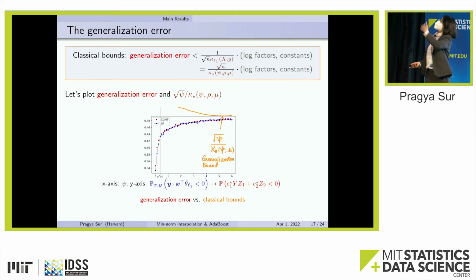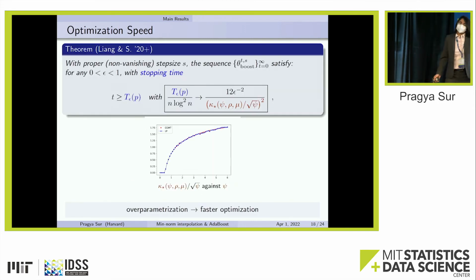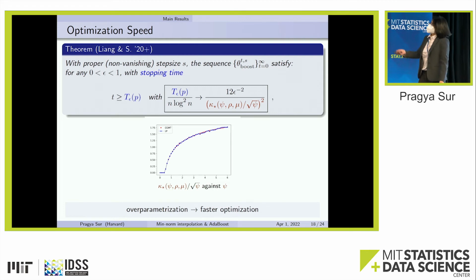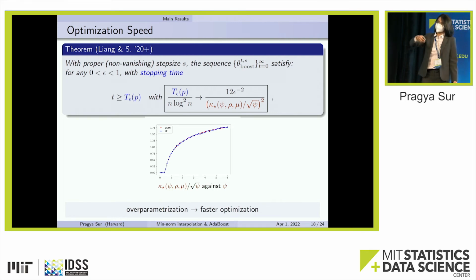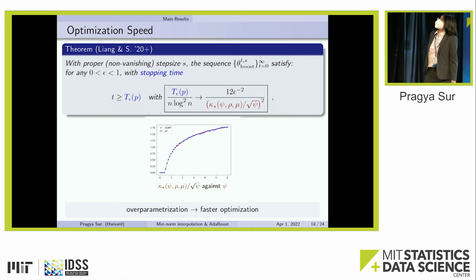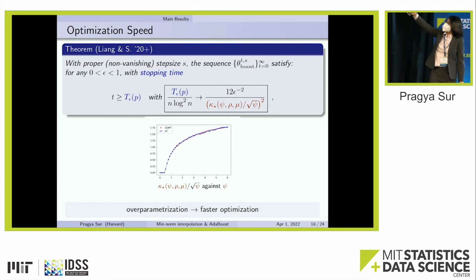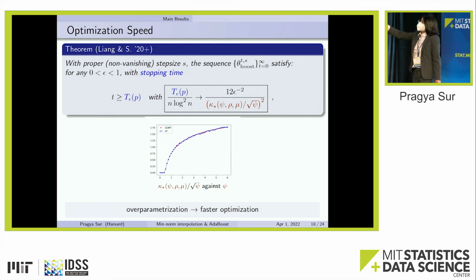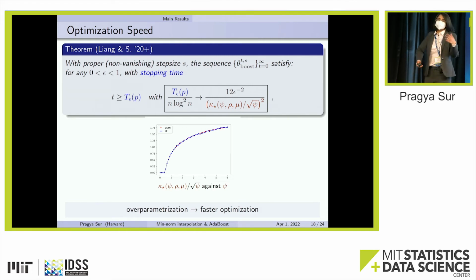You see a gap even after we leave out log factors and constants in the bound. But what's perhaps also interesting is we had a characterization of the time point, the number of iterations after which boosting is arbitrarily close to the interpolants. And if we look at that characterization, what we see numerically is the denominator here is being plotted against the over-parameterization ratio, and that's increasing.